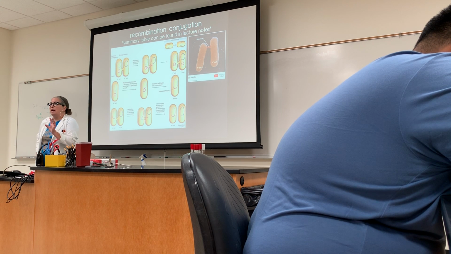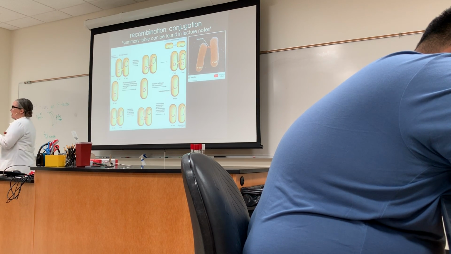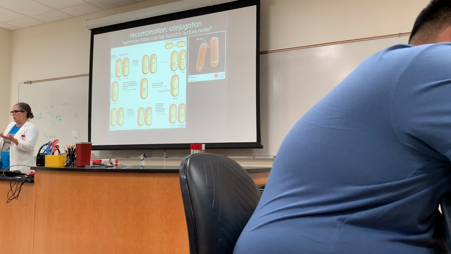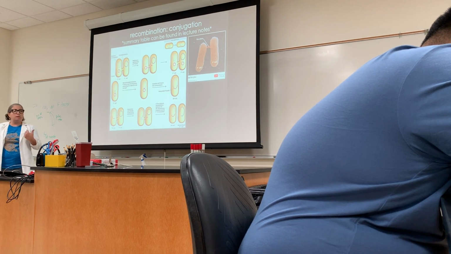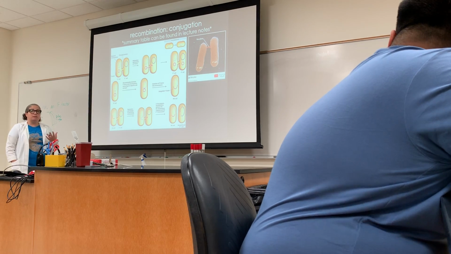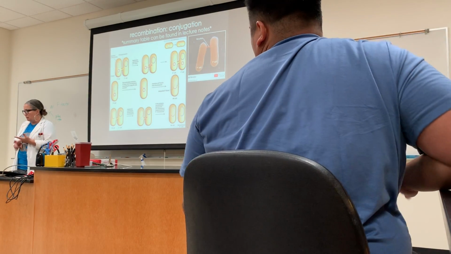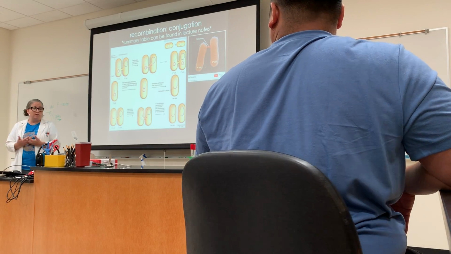Now this is a great illustration of how getting new DNA may not necessarily be a good thing for you, right? So we've talked about how much energy it costs to make nucleotides, to make peptidoglycan, to do all of the cellular work, right?